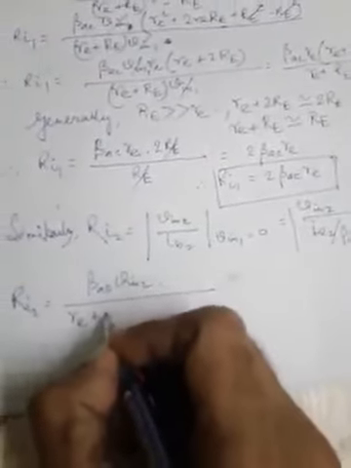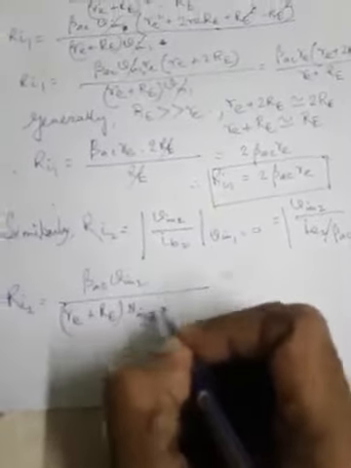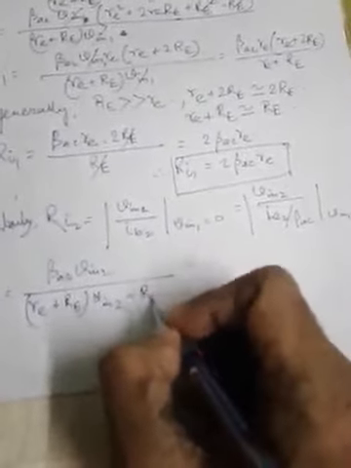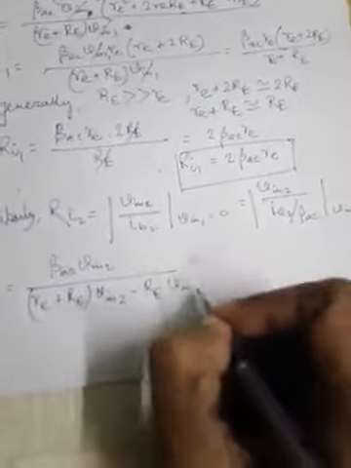beta AC V in 2 divided by RE plus capital RE into V in 2 minus RE into V in 1.